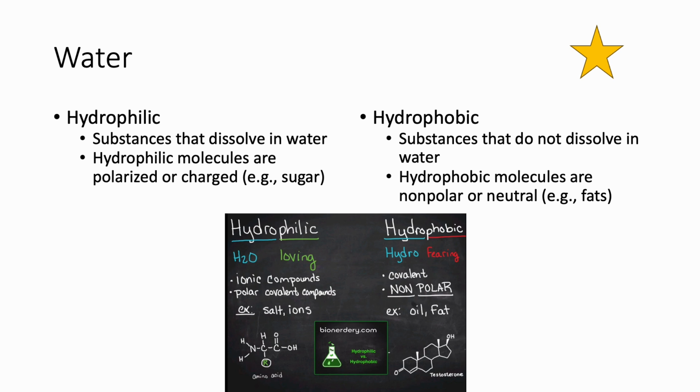Hydrophilic means substances that are able to dissolve in water. So hydrophilic substances literally love water. Think of anything that is polarized or charged, that is usually hydrophilic. So that is salts and ions, and also sugar. Yes, good examples.